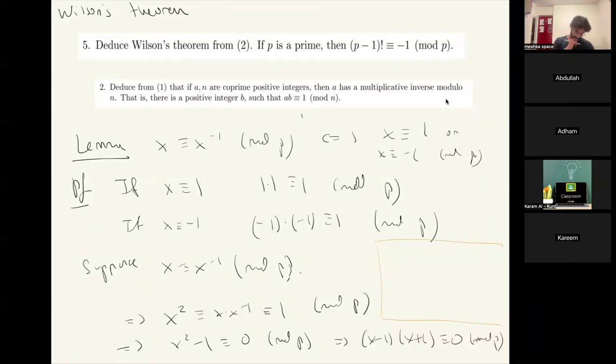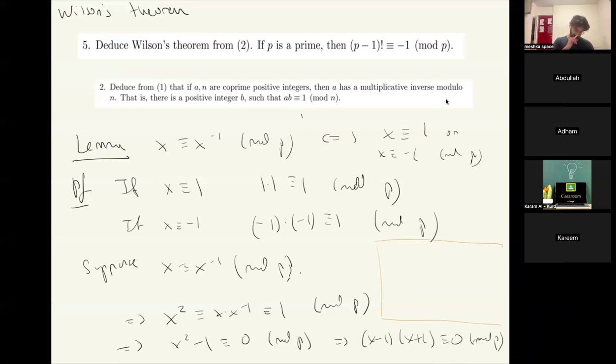In our initial set, 1 through p minus 1, it's true x can be less than p, but why did that help us? Since x is less than p, we know it has to be equal and not just congruent. But why? Because x squared minus 1 could be up to p squared minus 1. There are a lot of numbers from 0 to p squared minus 1 that are 0 mod p.